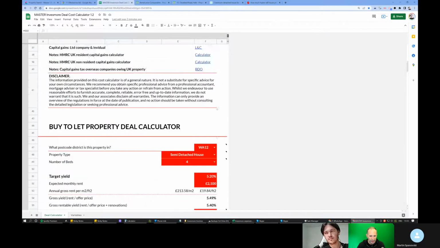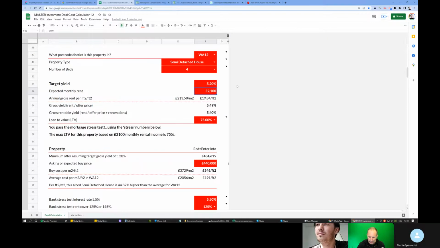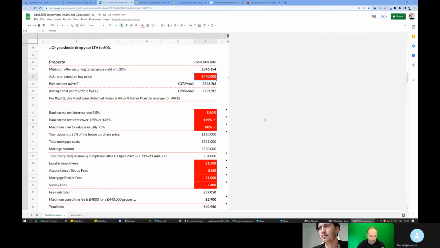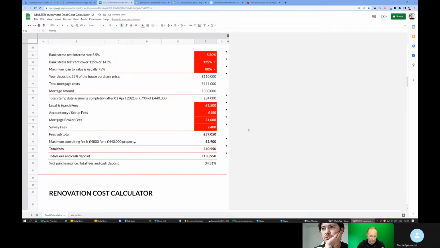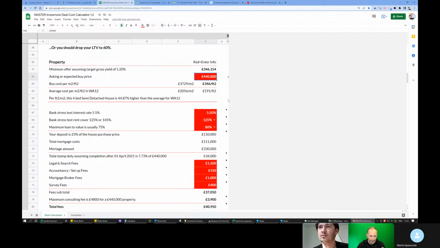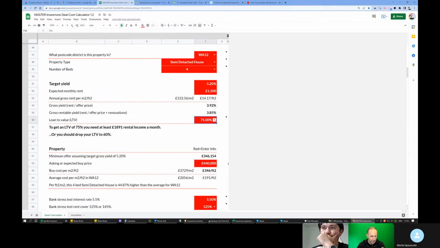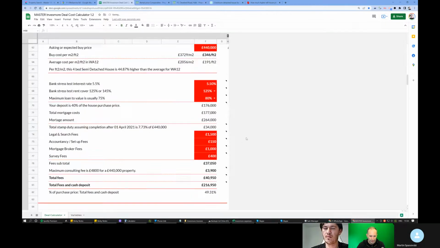So I'll just finally recap on this. So we say that you would get 1,500 rent on a 440 property. You've got lower yield. You've got to have a lower LTV. So the lower LTV needs to be 60%, which we've now done.